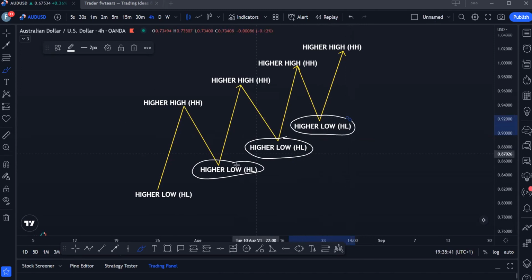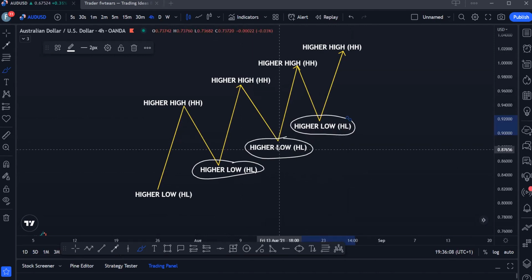All right. When price is in an uptrend, you want to be looking for buy opportunities. And at what point are you looking to buy? You want to buy at higher lows. Okay, so you wait for price to make a correction first before you buy.